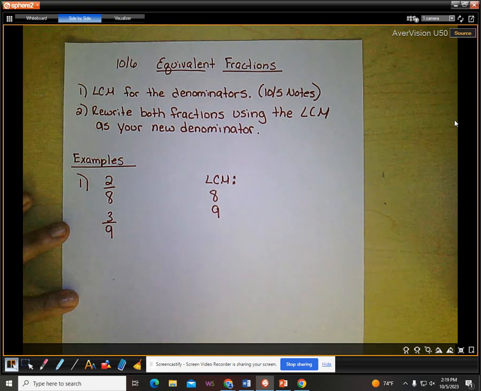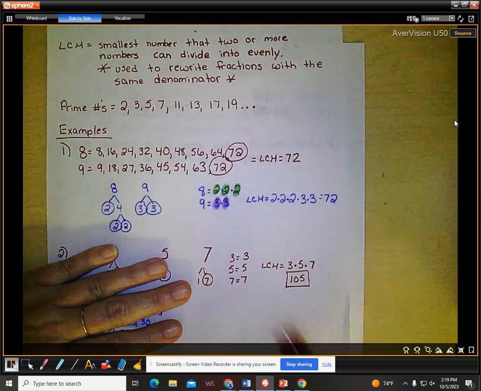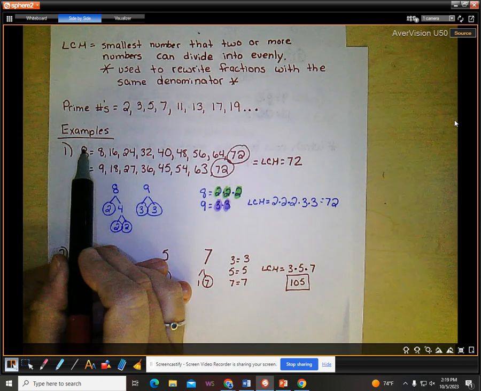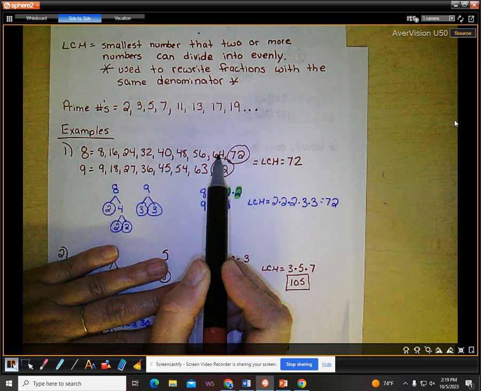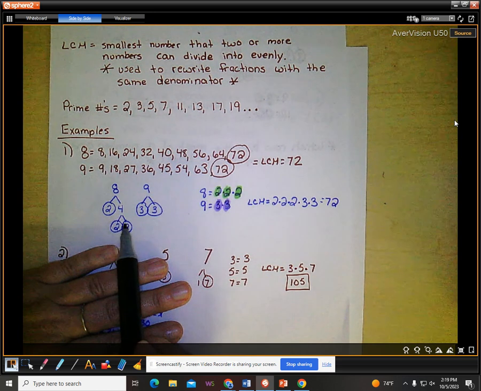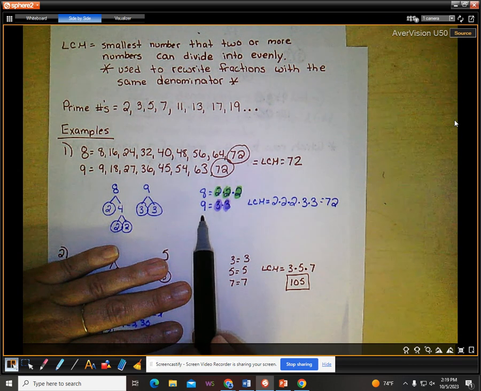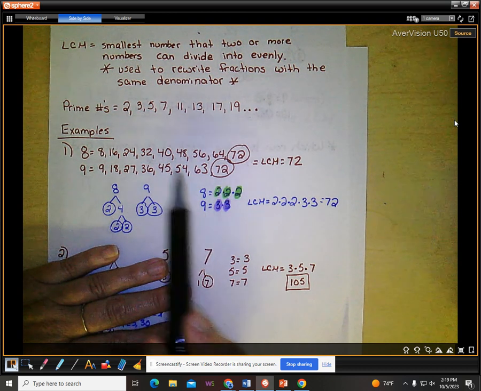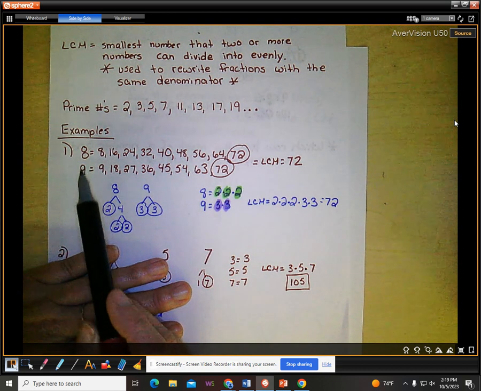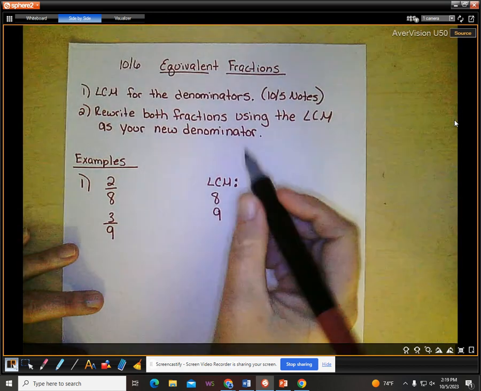Now, yesterday we did that. On your notes from yesterday, you should have notes where we found the LCM for 8 and 9. We did it using list form, and we did it using factor trees and prime factorization. So you have to remember how to do that from yesterday. We found out yesterday the least common multiple for 8 and 9 was 72. So that's what we're going to use.